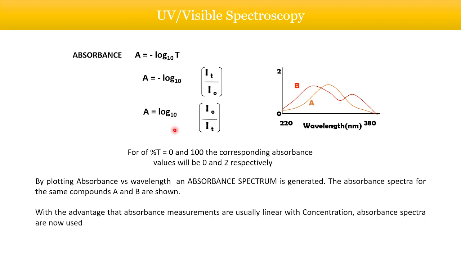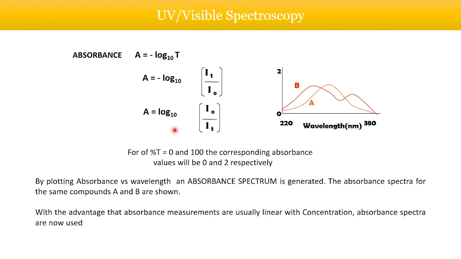Another equation that you can also keep in mind is absorbance equals 2 minus log of your percentage transmittance. So if percentage transmittance equals 50, then it is 2 minus log of 50. In that manner you can also calculate the absorbance.